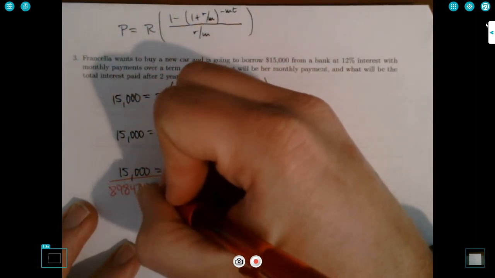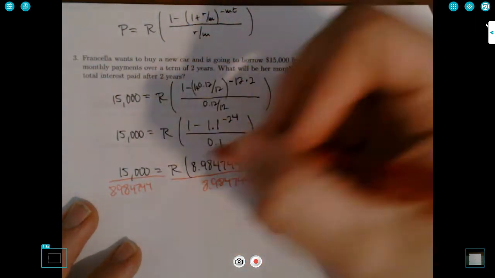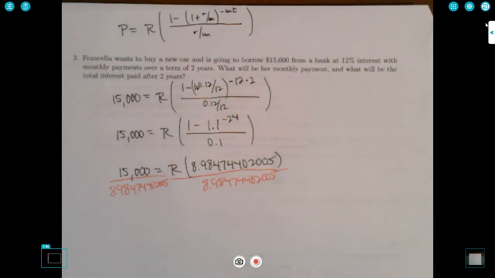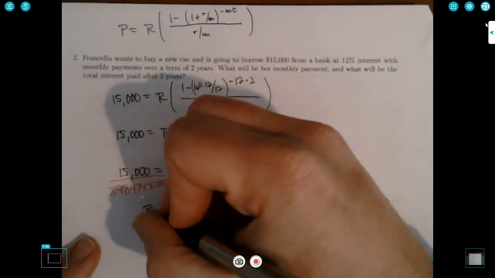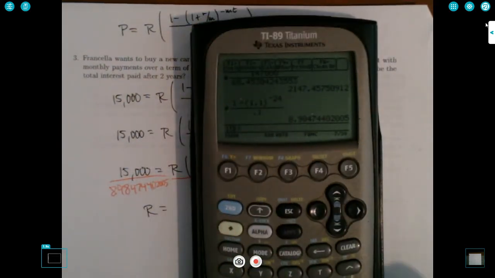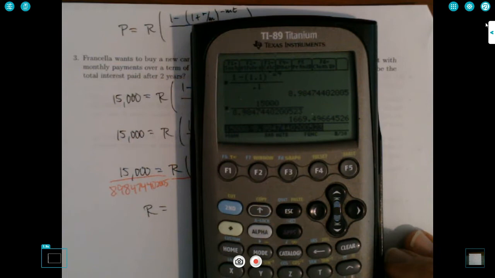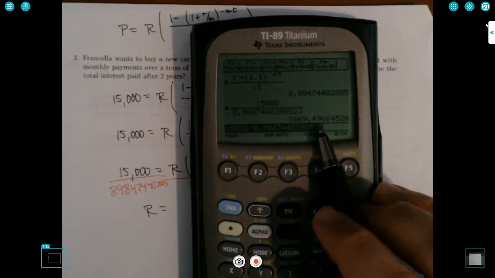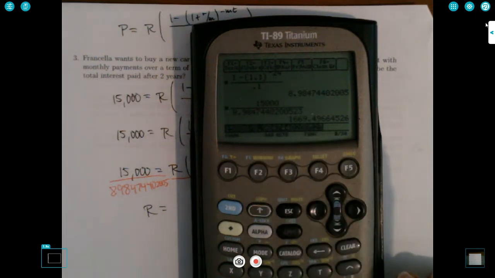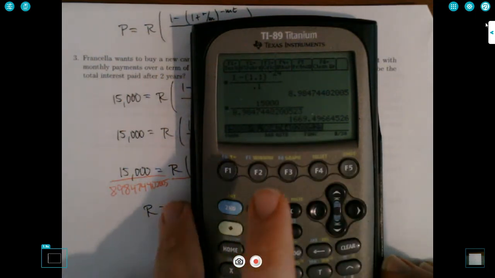On my calculator, I'm going to say 15,000 divided by that number, which comes out to about $1,669, and well, the 49 has nowhere to go. I mean, that's a 6, right? So it's got to go up to 50 cents, right? Let's say 1669.50.